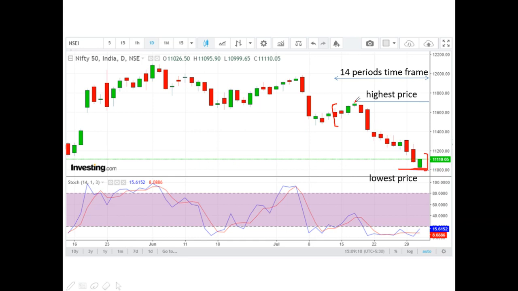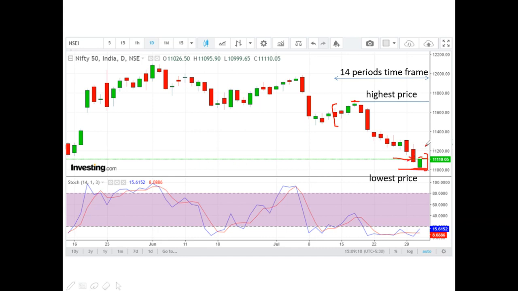And the highest price, let's mark it here, is let's say around 11,700. For this calculation, we'll keep it to rounded numbers. Here is the 14-day period, and we'll be calculating. The closing price is here, which is 11,110. So this we'll be using. This green line marks the closing price.